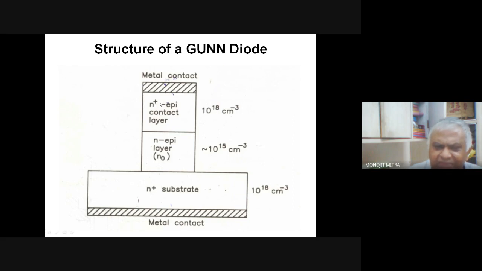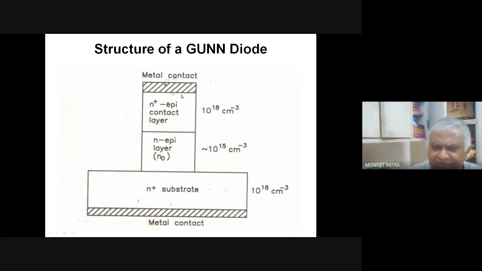So in place of that, if you deposit N plus and N plus over N, I told you N plus means the semiconductor has higher conductivity. So if you deposit metal over there, because the carrier concentration is very high here, and in the metal also, as a large number of free carriers are available, the barrier potential is nearly zero. So automatically current can easily flow, and you will find no diode action over here.